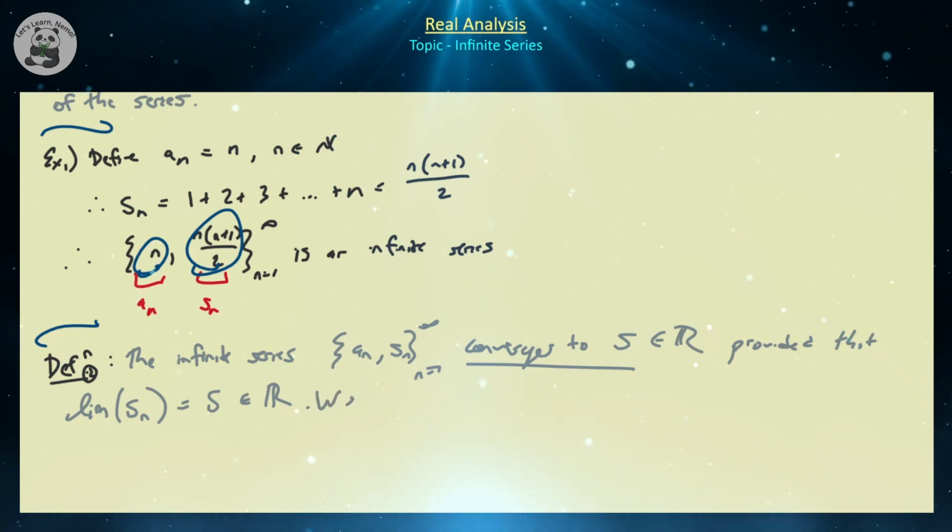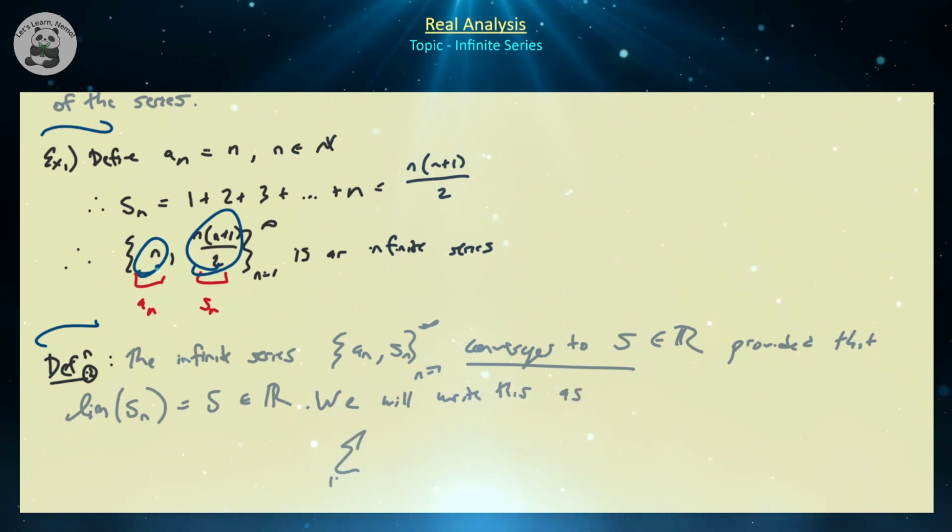And if it does, we will write this as the sum from k equals 1 to infinity of a_k, our baby sequence, and we say that that's equal to the limit of the partial sums.